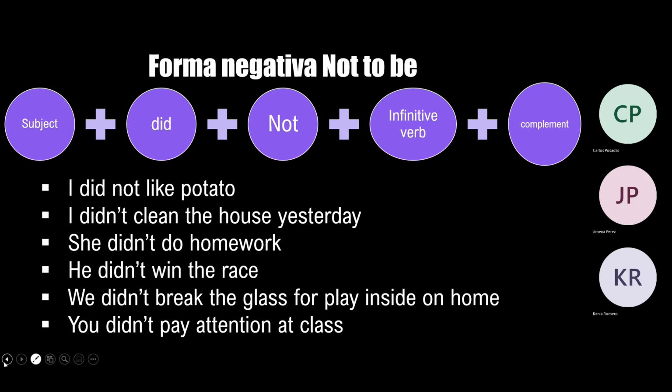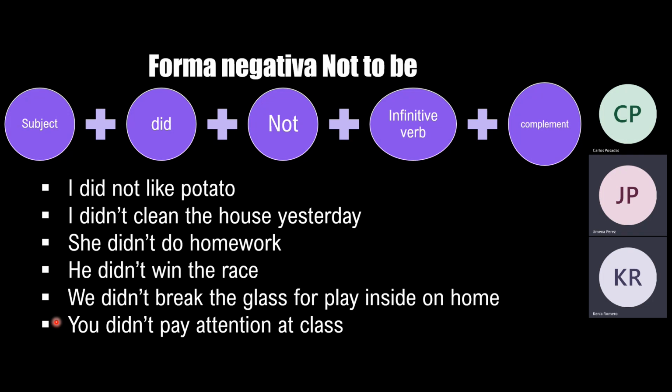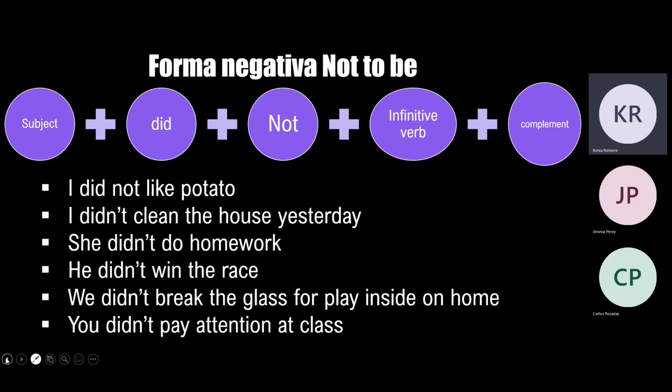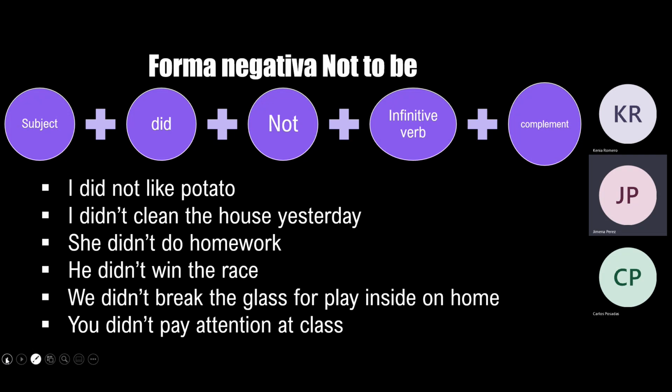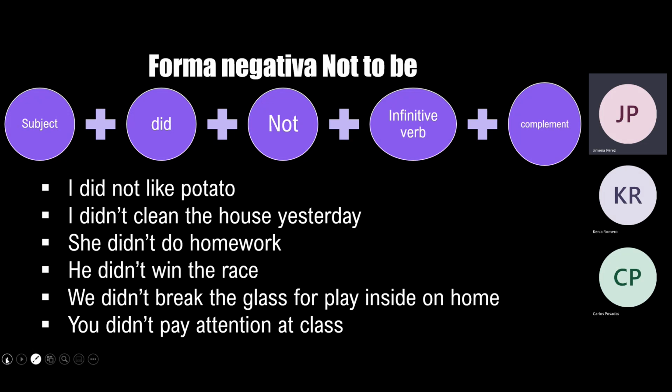Entonces, si no se va a ocupar el verbo to be, se va a ocupar el did. No se va a poner el was o were. Únicamente, por lo general, cuando hago oraciones con was y were, casi no les suelo poner otro verbo después.